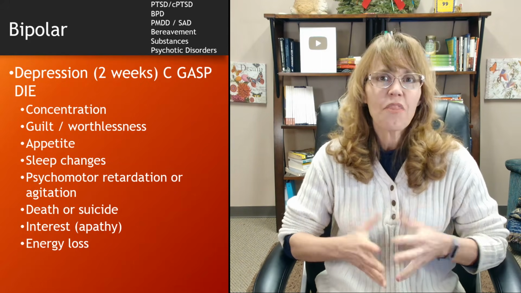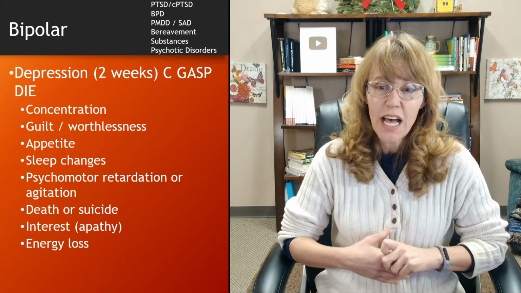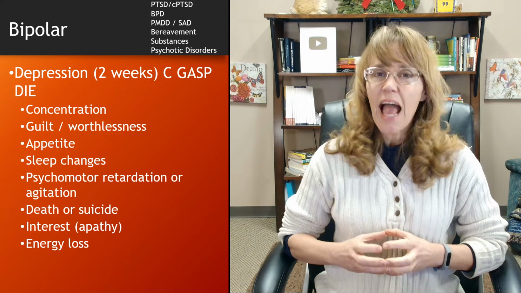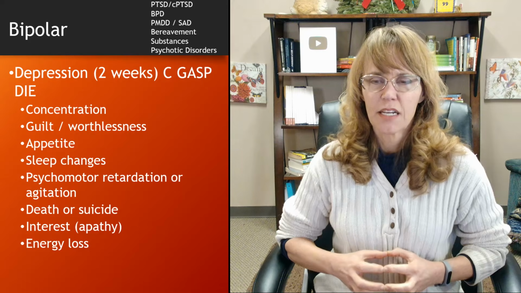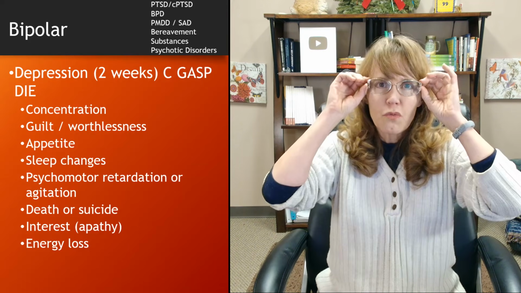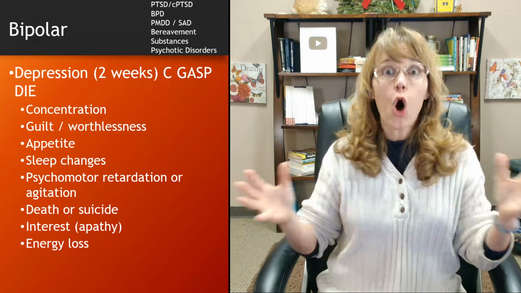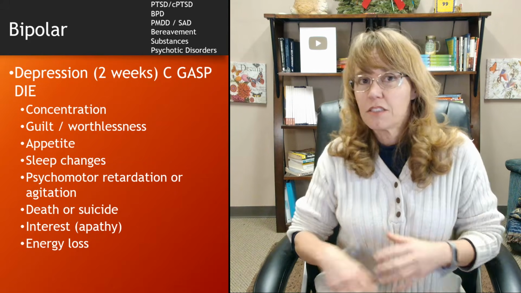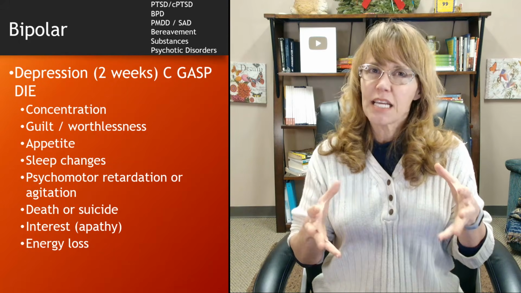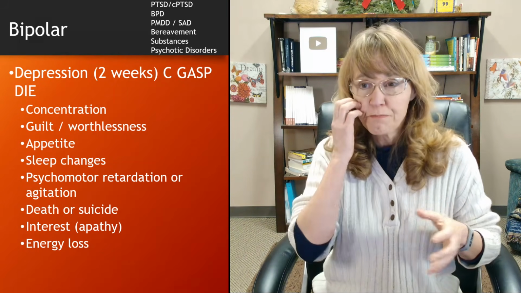They have persistent thoughts of death or suicide. They have a lack of interest in things, and they experience energy loss. Now remember, they only have to have 5 of these symptoms, so they may not have all of them, and that's okay. Just because they only have 5, not all of them, doesn't mean it's any less intense for them.